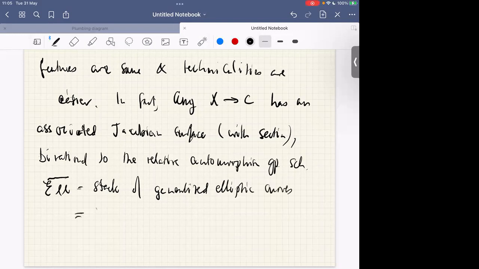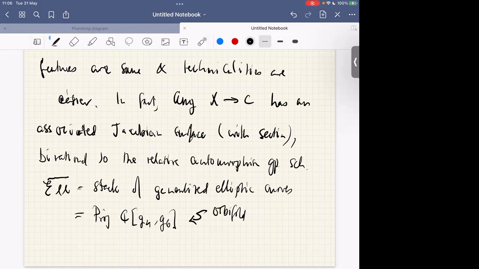Concretely, this is Proj in the orbifold sense of the graded ring generated by the two Eisenstein series of weights 4 and 6. And there's a picture which we can draw for this.